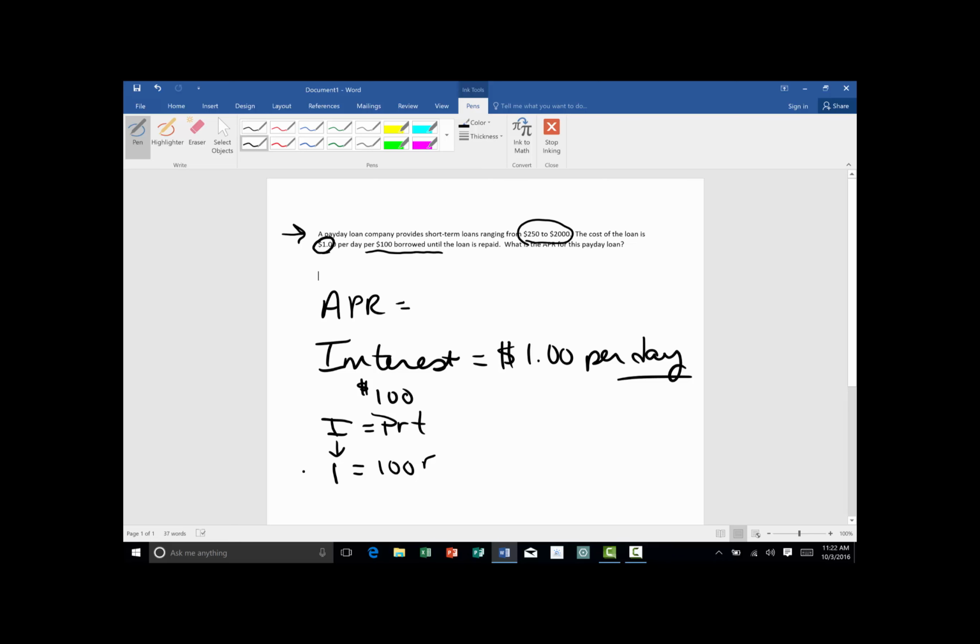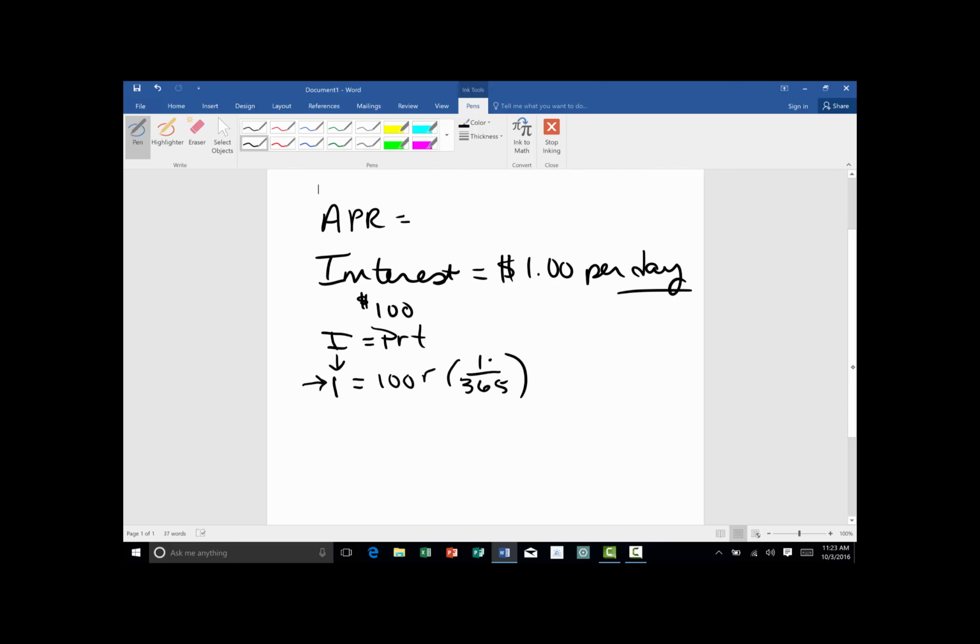And the time for this fee is only 1 day, and time is always in years. So 1 would be out of 365 days. And you would take that and you would punch it in your calculator. And over here, since you're trying to get R by itself, what you're really doing is you're going to have to divide both sides by this amount.